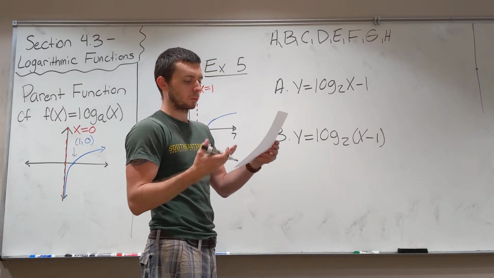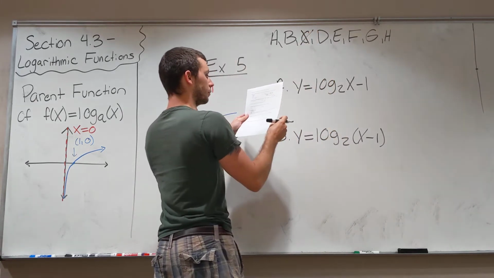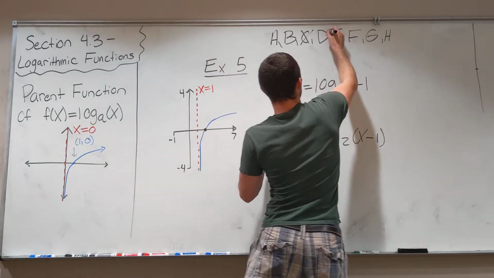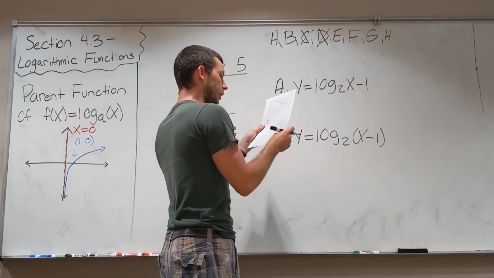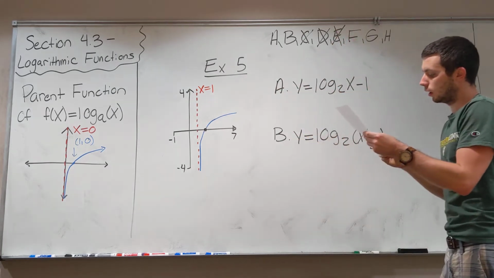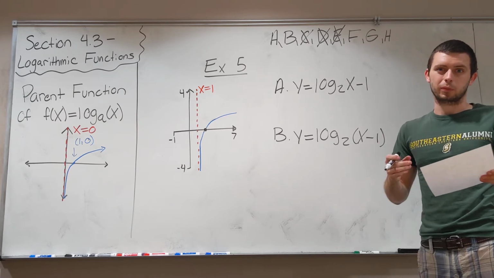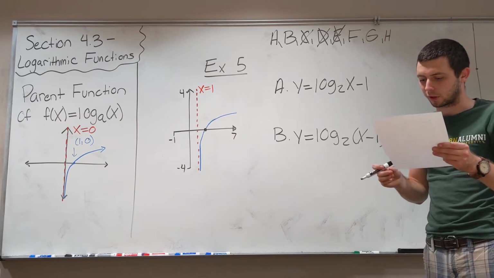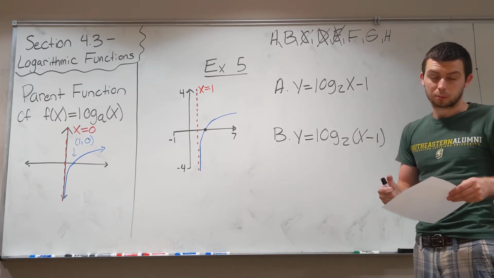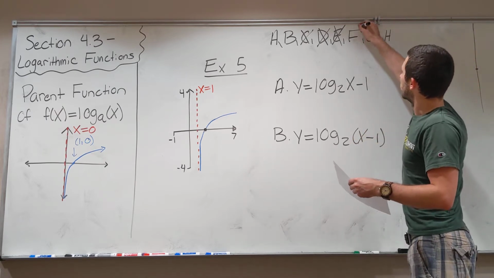C, however, has a negative sign in front of the function, so C is out. D has a negative in front of the x variable, so D is out. E has a negative in front of the x variable. F actually has a negative in front of the whole function. It's just not written in a way that you would immediately suspect it. But since the negative is in front of the logarithm part, that's deterministic, and we can get rid of it.